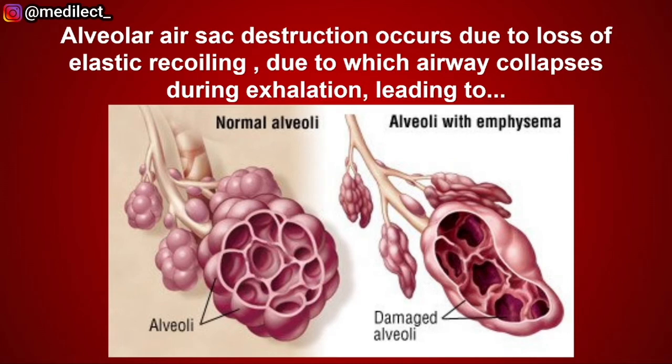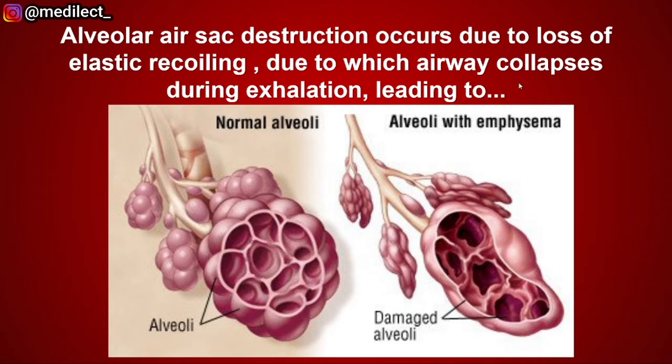Over here, because of the loss of the elastic recoiling, there is alveolar air sac destruction, which is leading to dyspnea. Okay, and because of this alveolar air sac destruction, there is airway collapse occurring at the time of exhalation, which is leading to the obstruction and the air trapping inside the lungs.